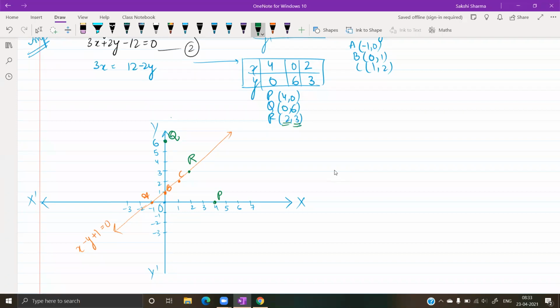So the line that you obtain is, label it.